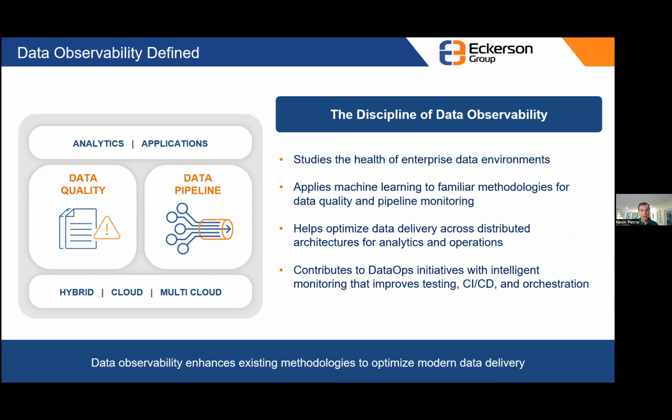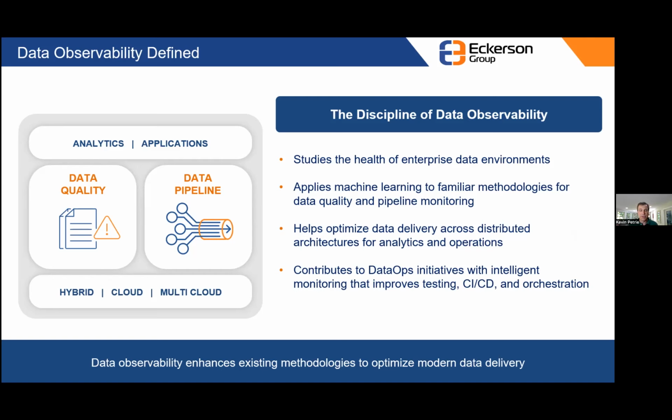Together, data quality observability and data pipeline observability help optimize that data delivery across enterprise environments, which increasingly today rely on distributed architectures. They might be hybrid, they might be multi-cloud, they might be all of the above. Those architectures need to support analytics and operations.